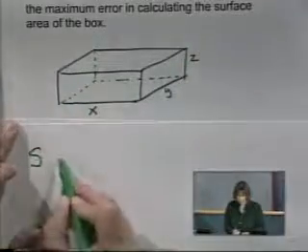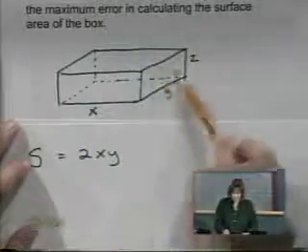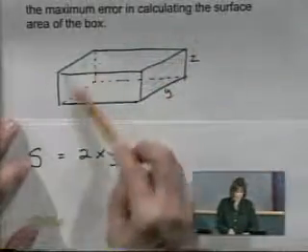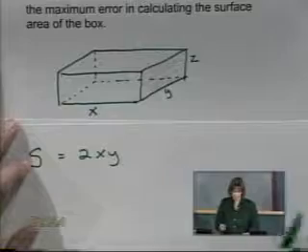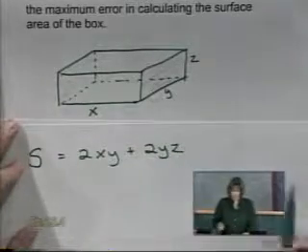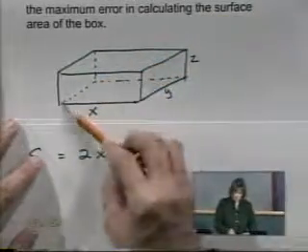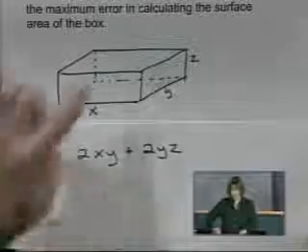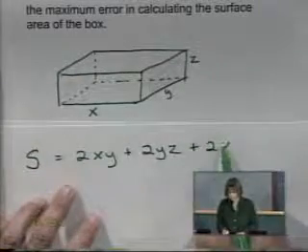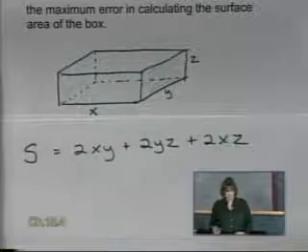So I have two sides that are x times y. Then you have this side here whose area is y times z, but you've got its sister over there, which is y times z. So we have two rectangles whose area is y times z. But then we have the front piece right here, whose dimensions are x by z, but you have one in the back that goes with it. So that is the surface area of my box.